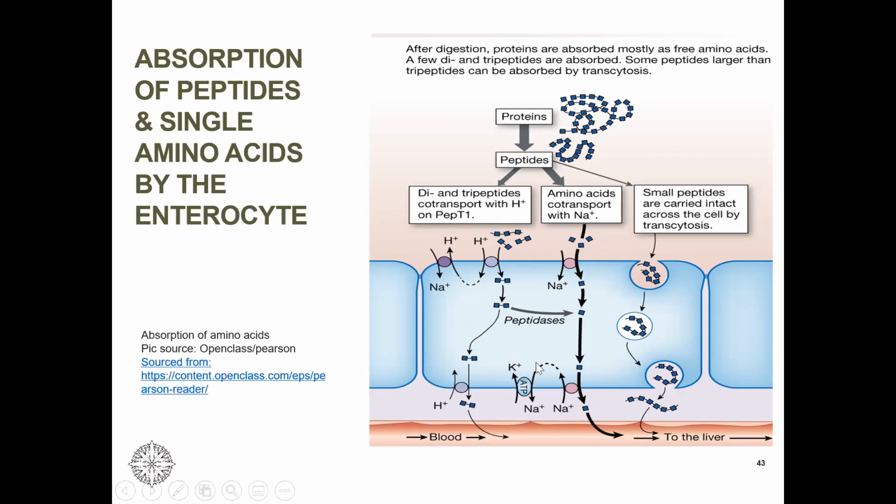Sometimes, the body also differentiates between acidic amino acids and alkaline amino acids. The basolateral layer is more permeable to the amino acids, so diffusion is the main process here for transferring amino acids.